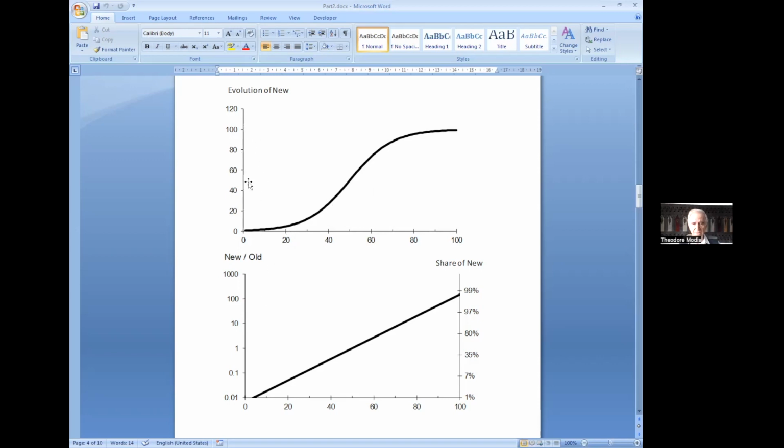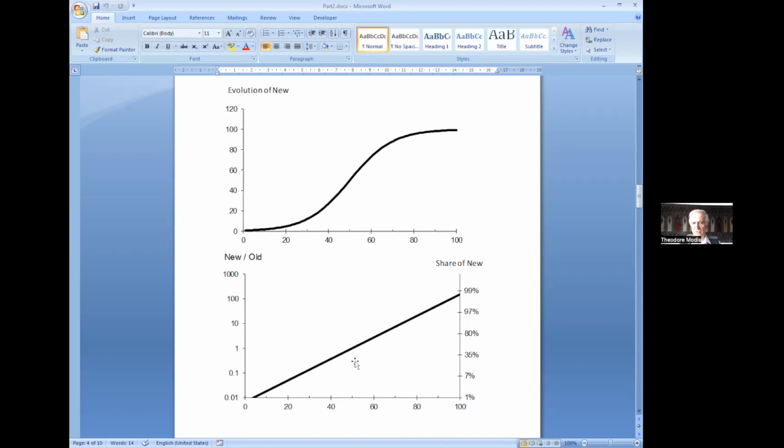Now, if it's a substitution, you are substituting new for the old. So the new is growing from 0 to a maximum of 100 in a certain time. Now, if you plot the ratio new over old on a logarithmic paper, instead of an S-curve, you get a straight line.